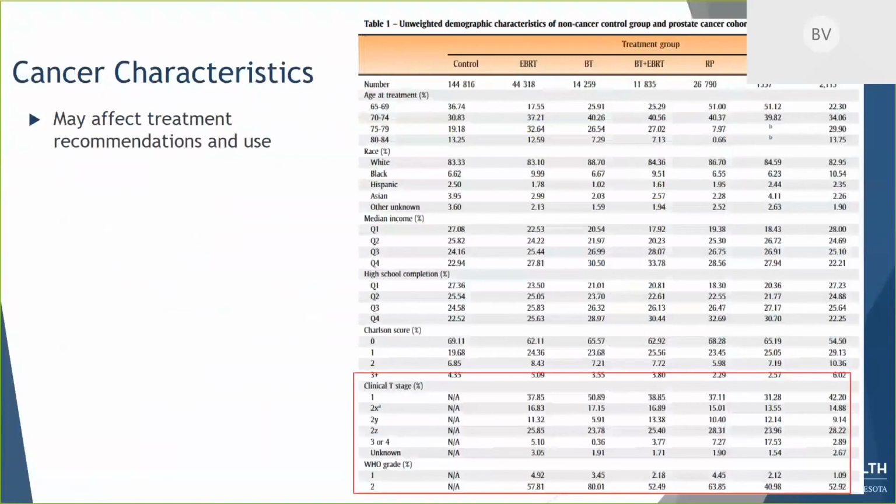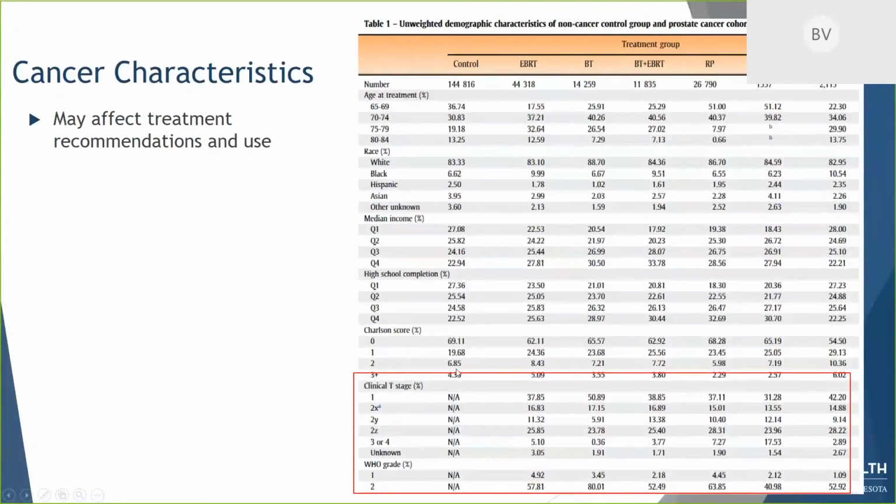The other thing that we often include when we're looking at differences in our treatment groups are cancer characteristics. These may affect the treatments that were recommended to the patient, and will impact the treatments that are actually used. With our prostate cancer, we have clinical T-stage and the WHO grade.